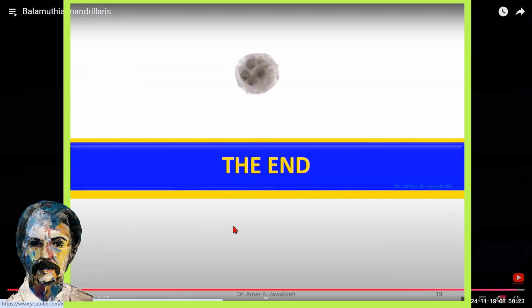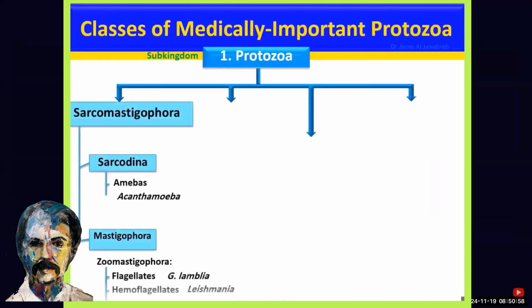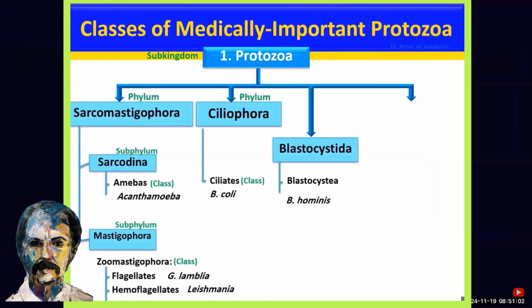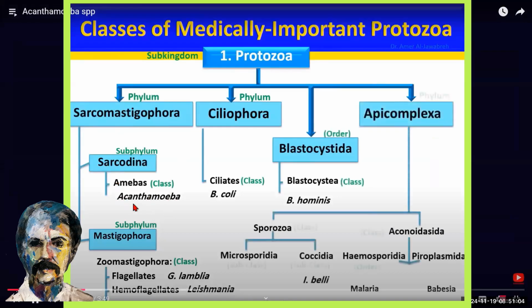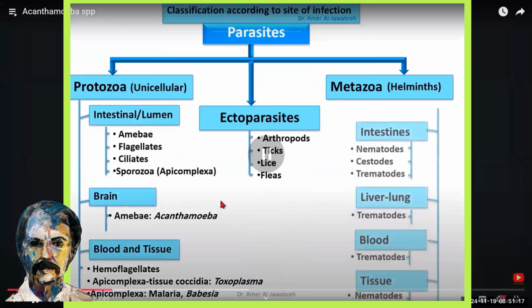Let's go for the third and last one, which is Acanthamoeba. Taxonomically speaking, we are still in Sarcomastigophora, Sarcodina, and amoebas. If we talk about the sites of infection, we are in the brain.